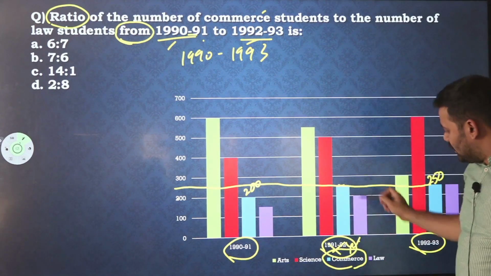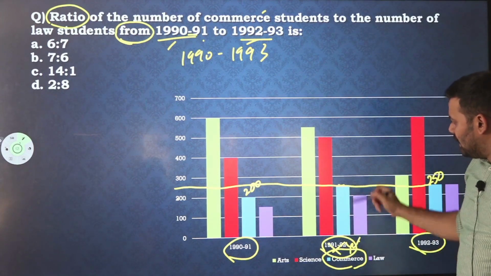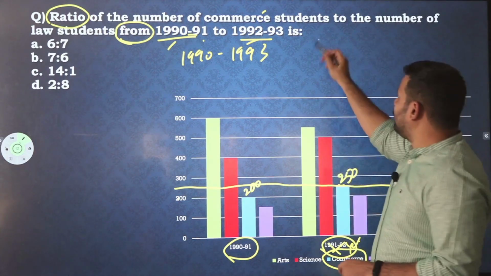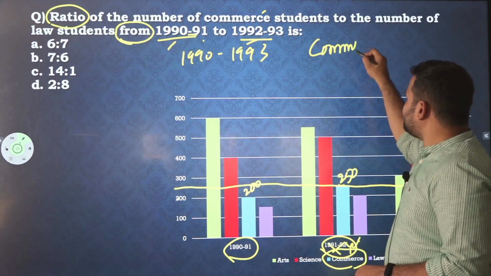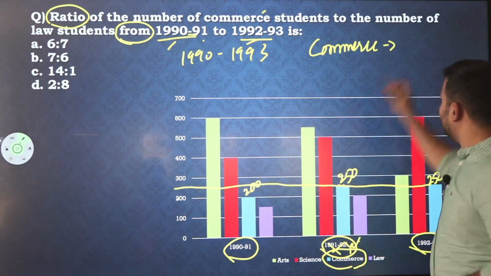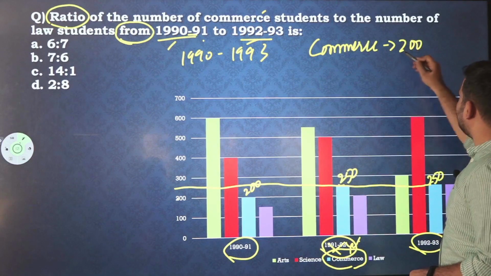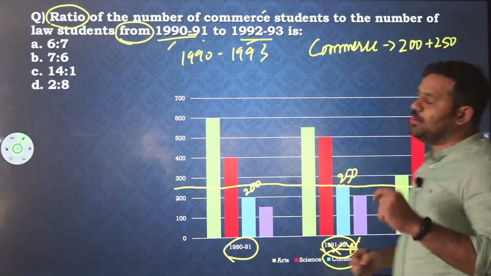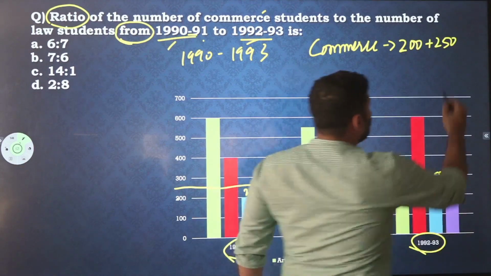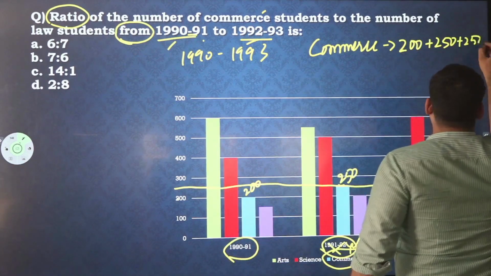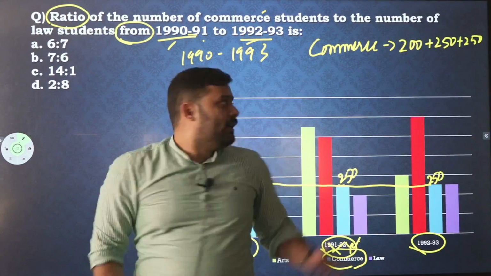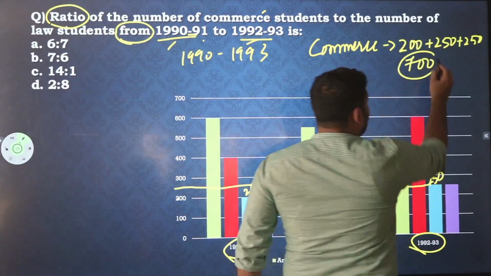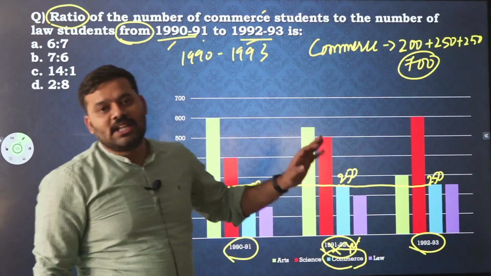Now the commerce part in 1991-92, here also it is 250. So what is the total number of commerce students? It is 200 in 1990-91, 250 in 1991-92, and another 250 in 1992-93. If we add this, we get 700. So total commerce students is 700.